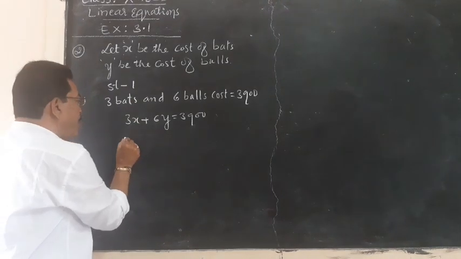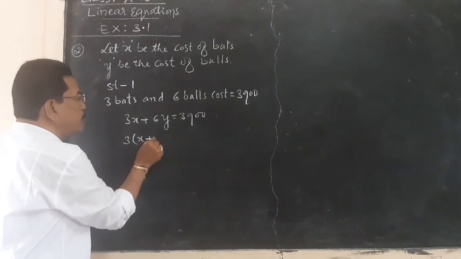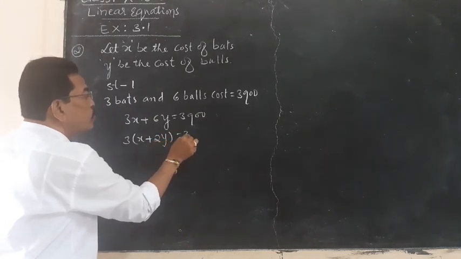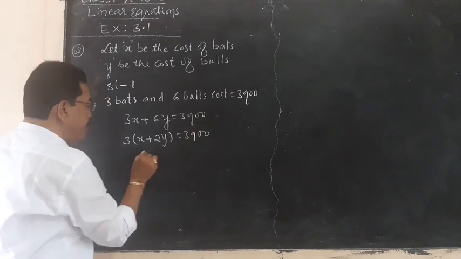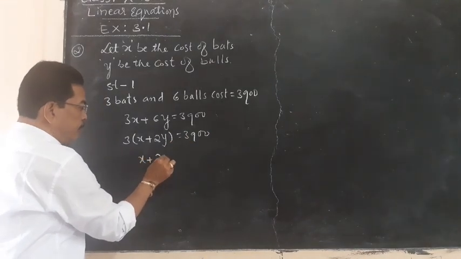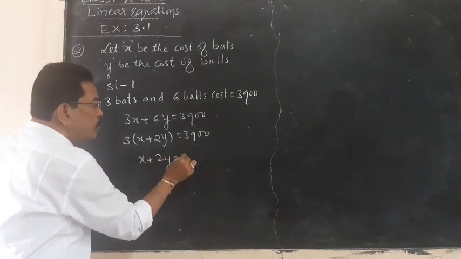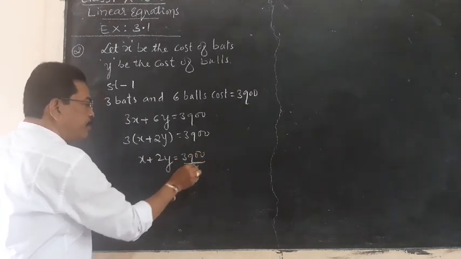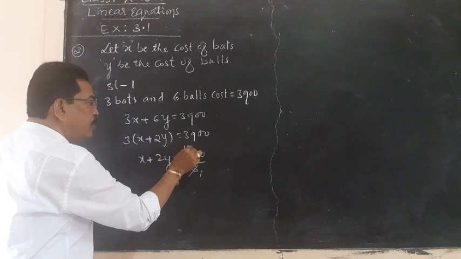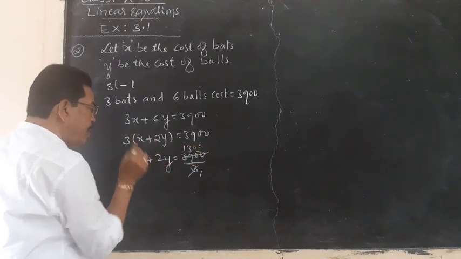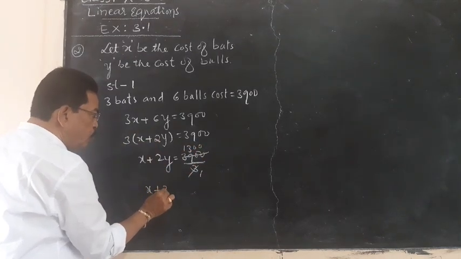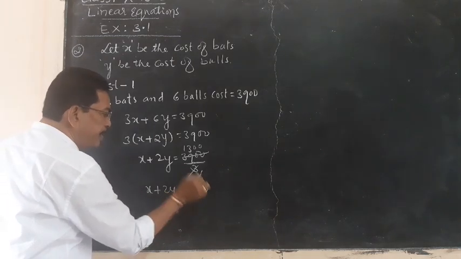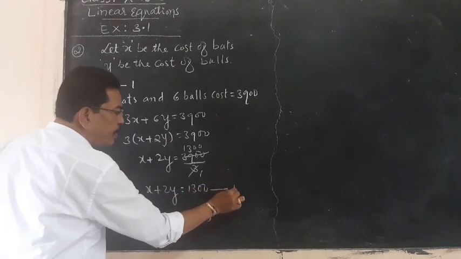Now let us simplify. 3 in the bracket, x plus 2y, equals 3,900 divided by 3. 3 ones are 3, 3 threes are 9. Okay, x plus 2y equals 1,300. This is equation 1.